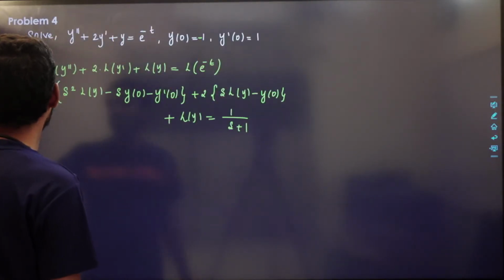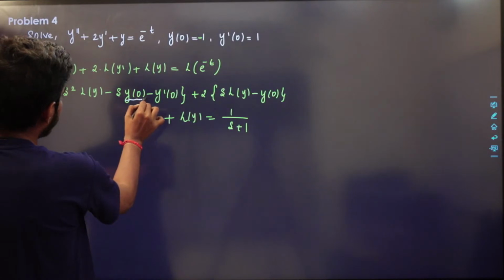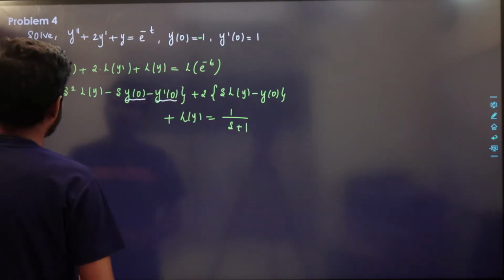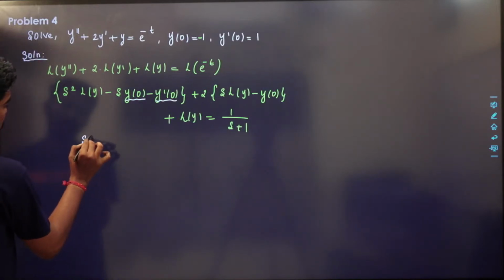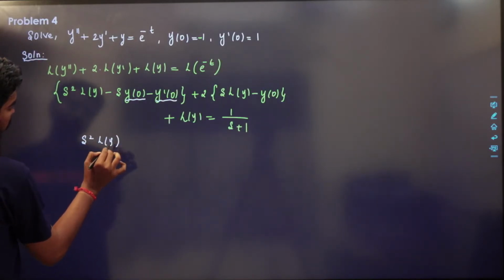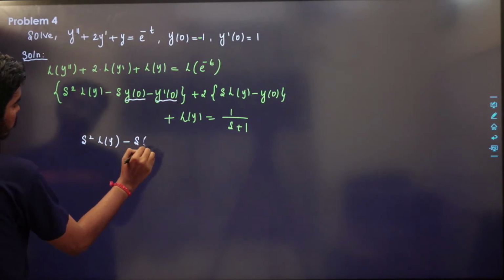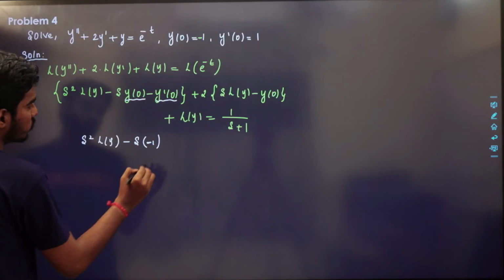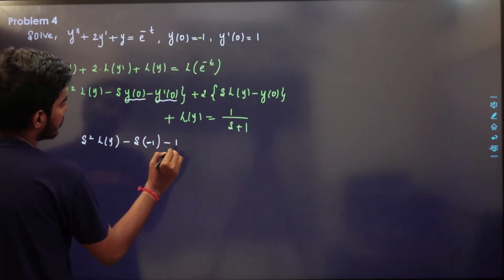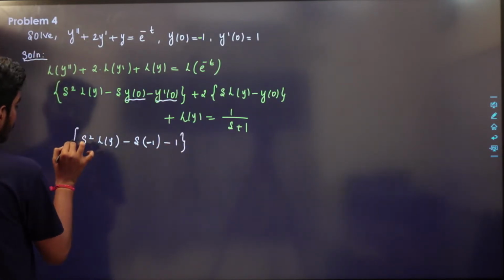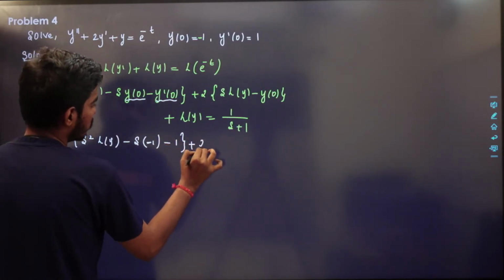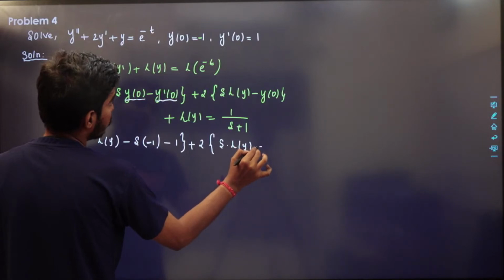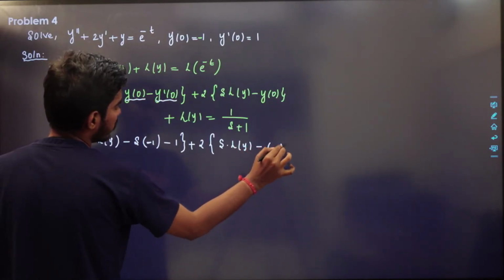Okay. Now we will apply the initial condition. So y of 0 is minus 1, y dash of 0 is plus 1. So this will be s square L of y minus s into y of 0, which is minus 1, minus y dash of 0, which is 1. And here we have 2 times s into L of y minus y of 0, so y of 0 is minus 1.